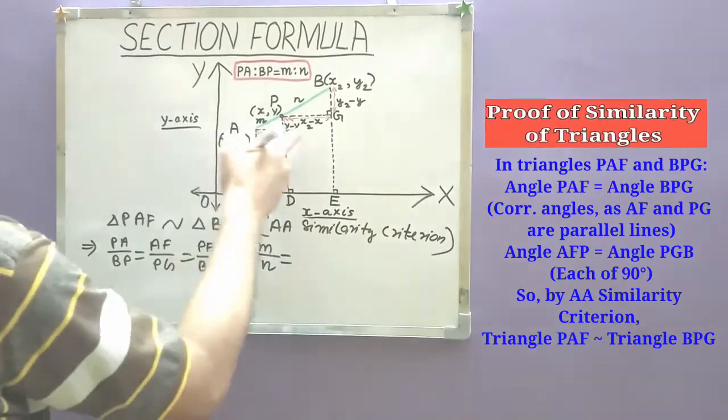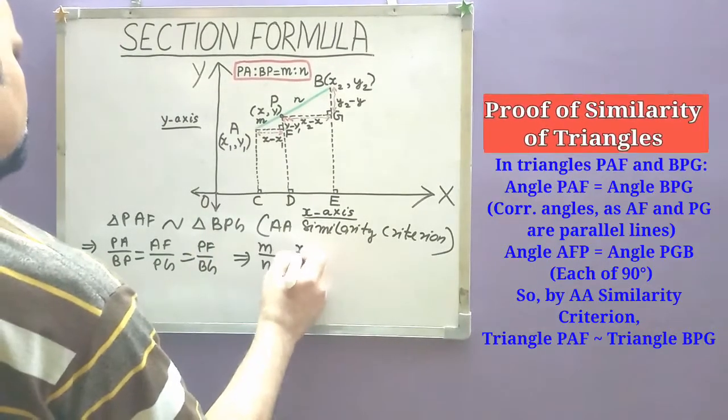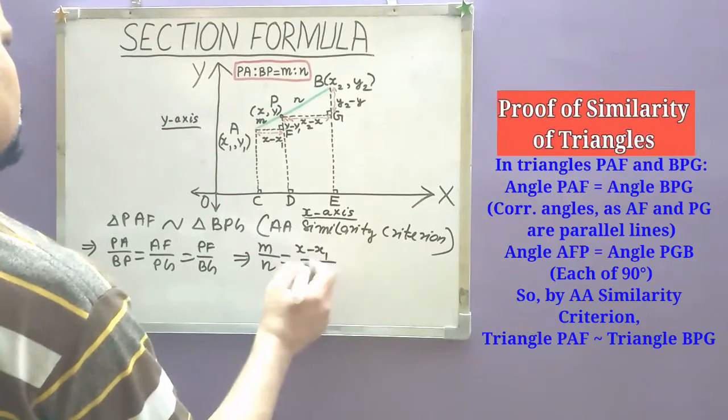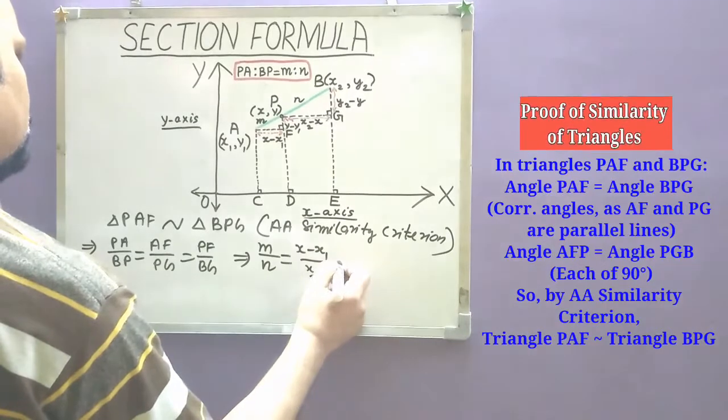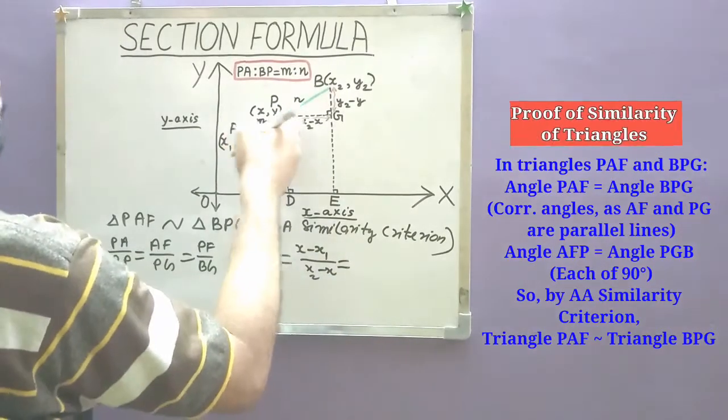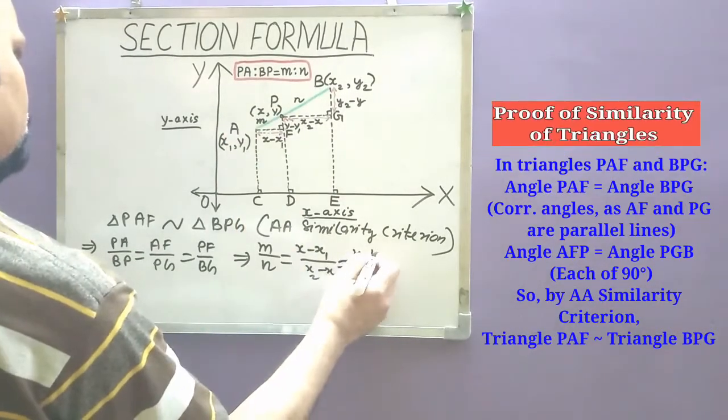That implies that m upon n equal to x minus x1 upon x2 minus x equal to y minus y1 upon y2 minus y.